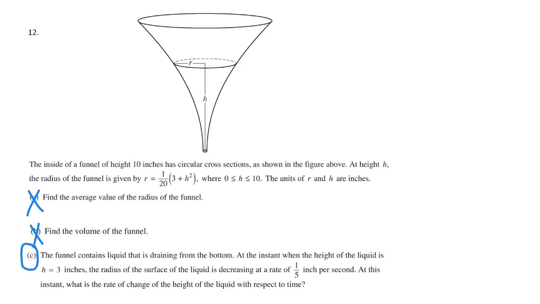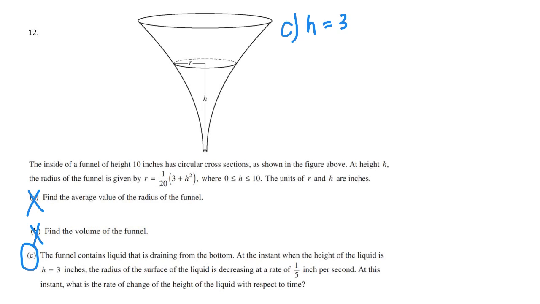In part C, the funnel contains liquid that is draining from the bottom. At the instant when the height of the liquid is 3 inches, the radius of the surface of the liquid is decreasing at a rate of, so my goodness, we have so much information there. I'm going to do part C up here because it's going to be easier. At the instant when the height of the liquid is 3, I know h is 3 inches.